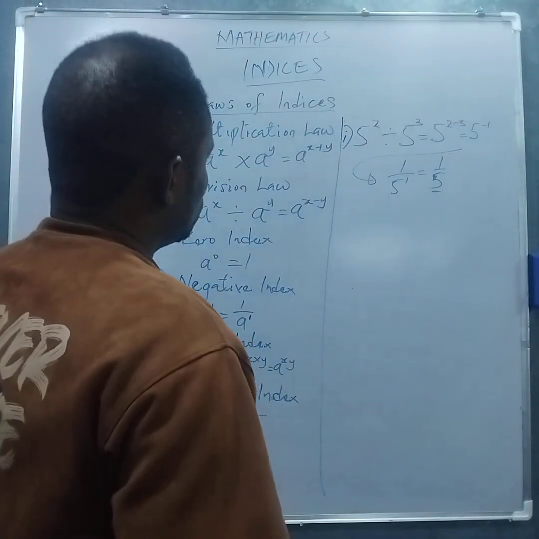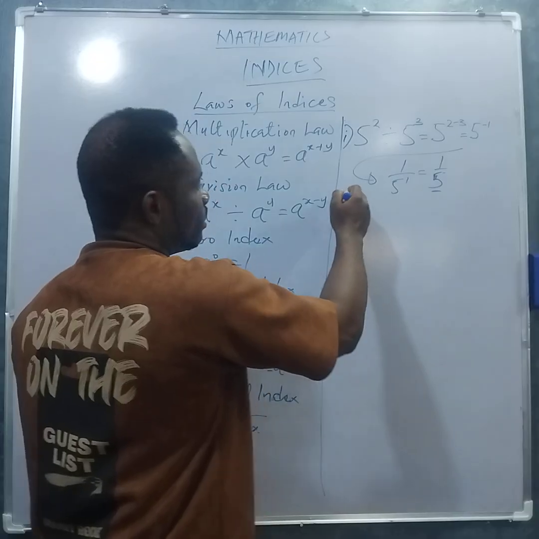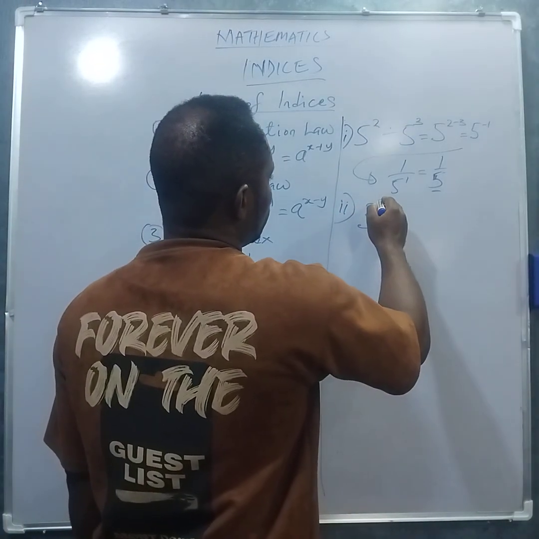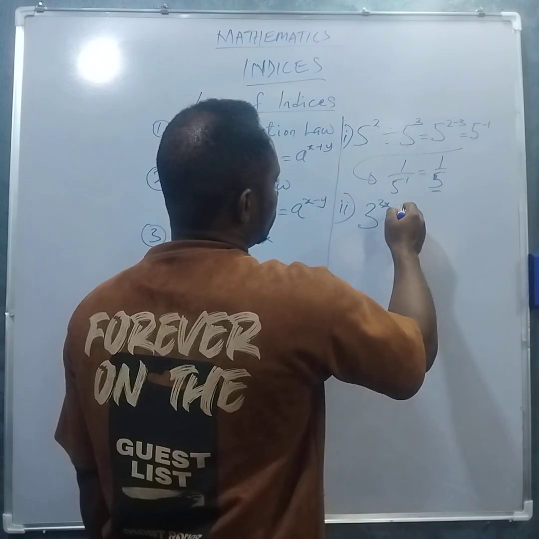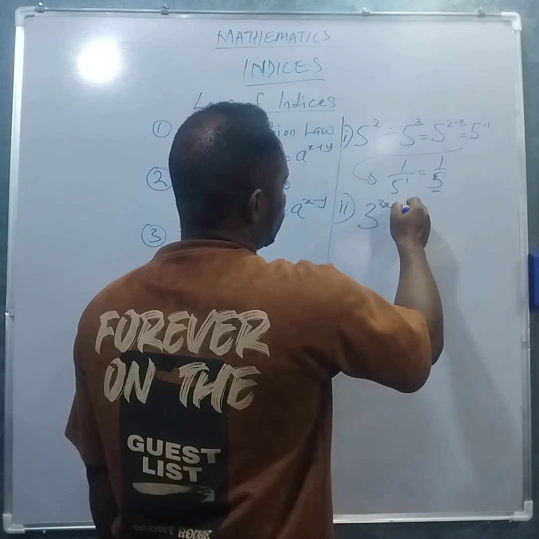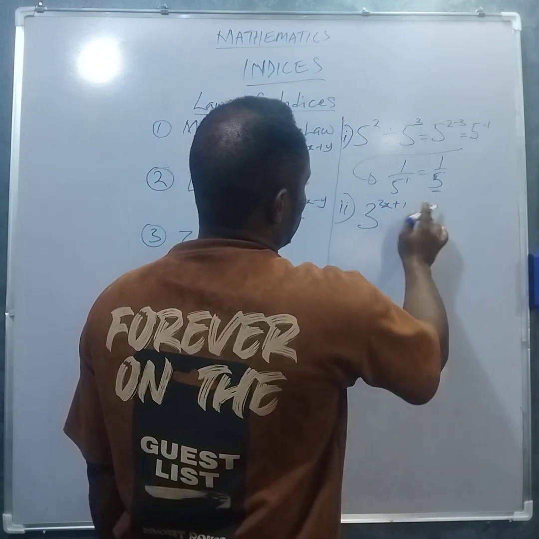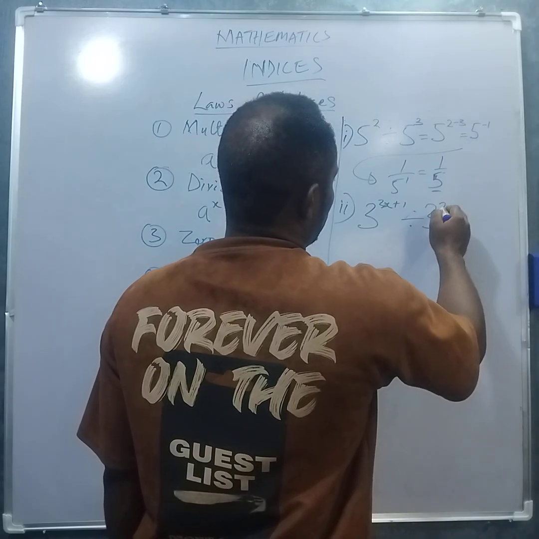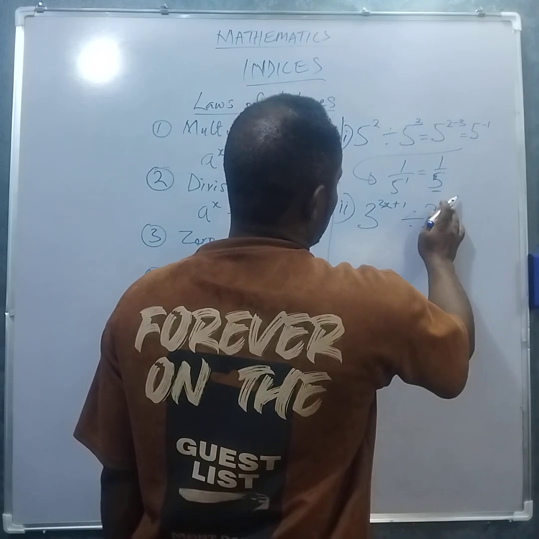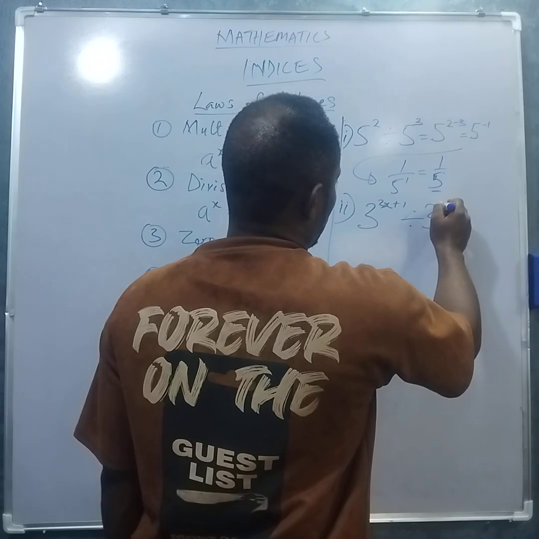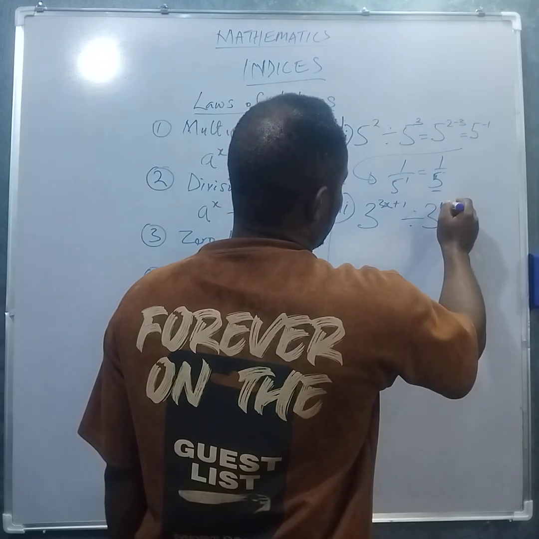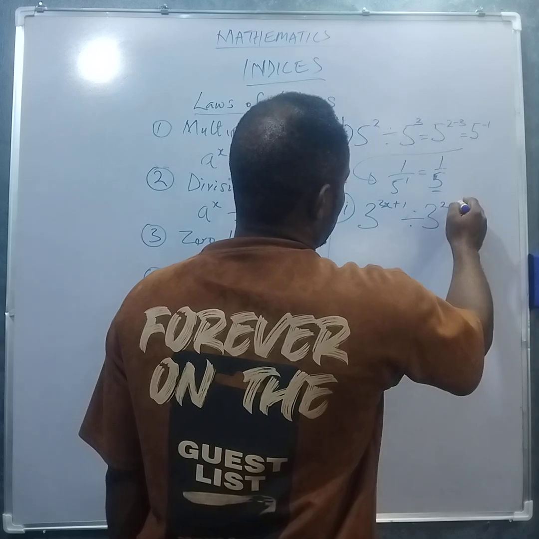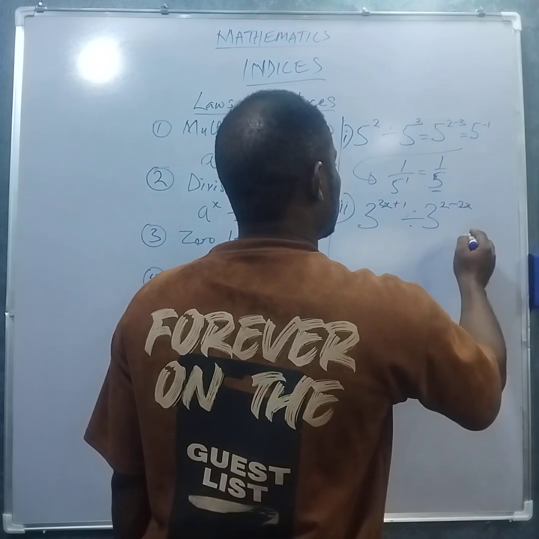Okay, let's do another example. 3 raised to power 3x plus 1 divided by 3 raised to power 2 minus 2x.